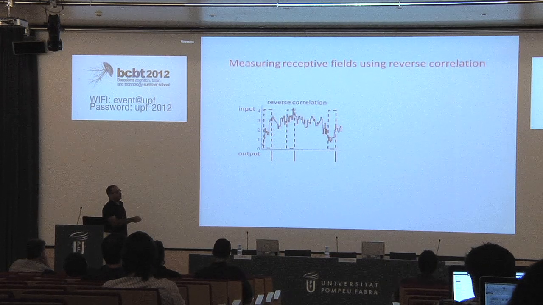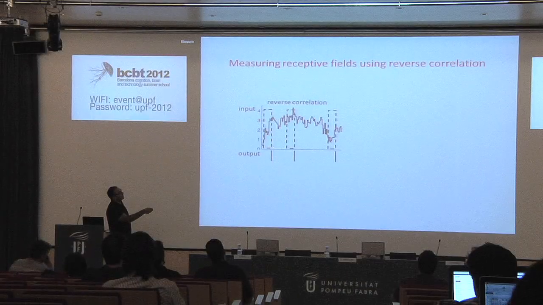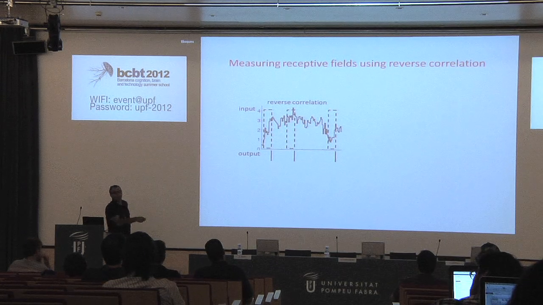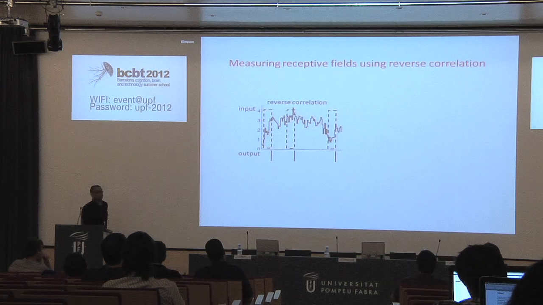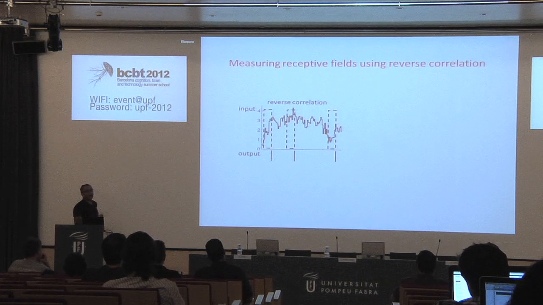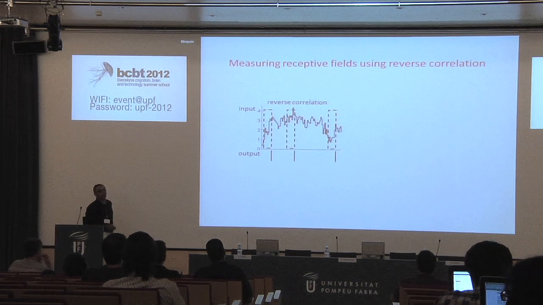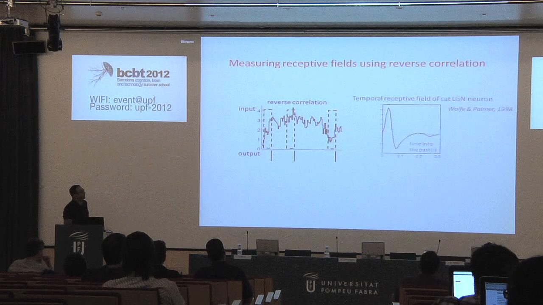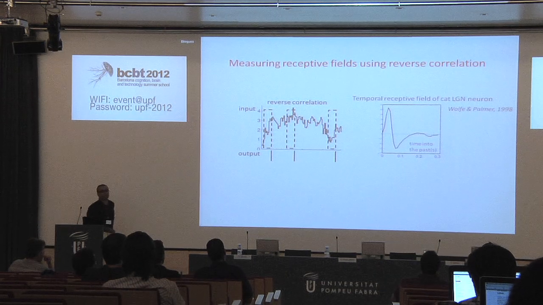And then to figure out the linear filter, what you do, you average light intensity in the windows preceding each spike. If your stimulus is not white noise, you also have to decorrelate to reflect correlation, say, in natural scenes. But this is basically how you get the filter.